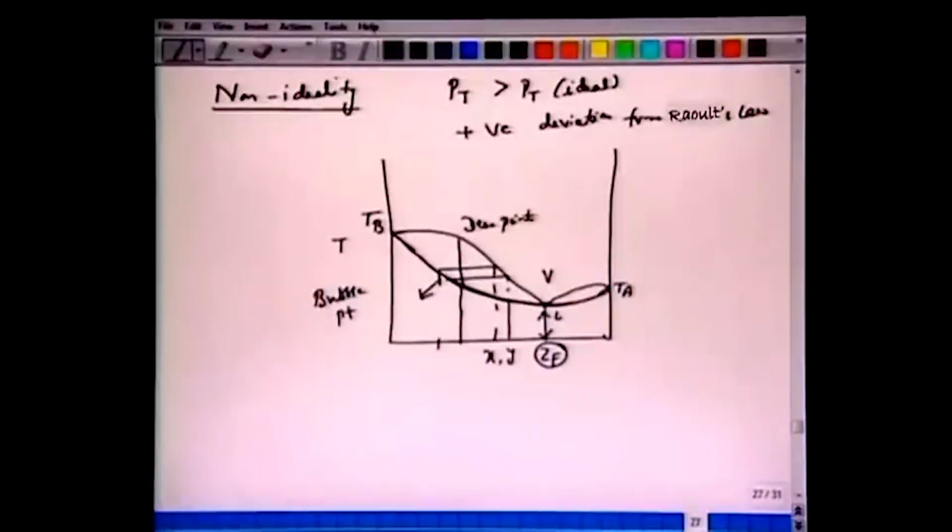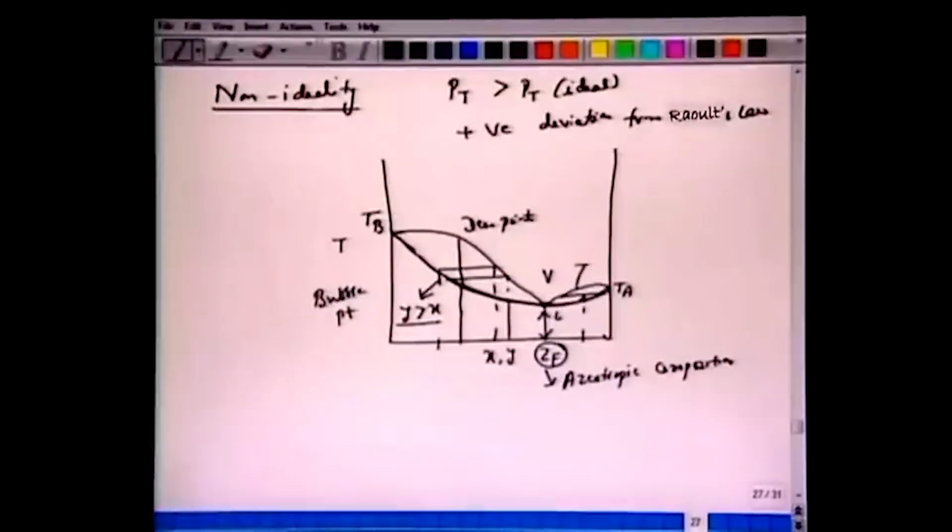So in any region, any composition smaller than this ZF, or we call it azeotropic composition, you should notice that Y is greater than X. All right, and if you are here and draw a tie line, it's not difficult to show that now we have just the reverse situation.